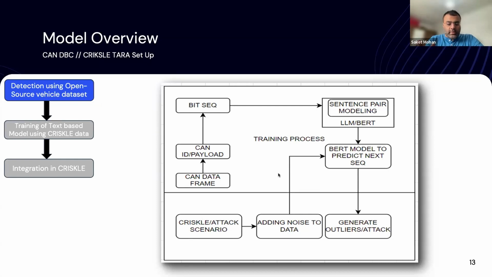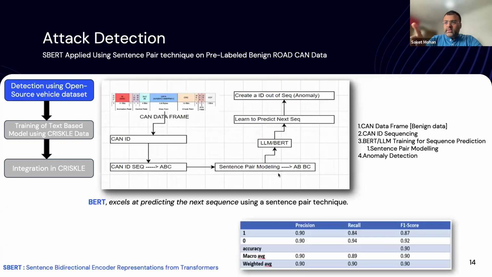This is a very high level diagram to give you an appreciation and understanding of how the whole model was split between two areas. One was threat scenario injection, and the other is the determination of the attack using BERT on the CAN logs. That's the sequence. You have the CAN data frame, then the CAN ID.